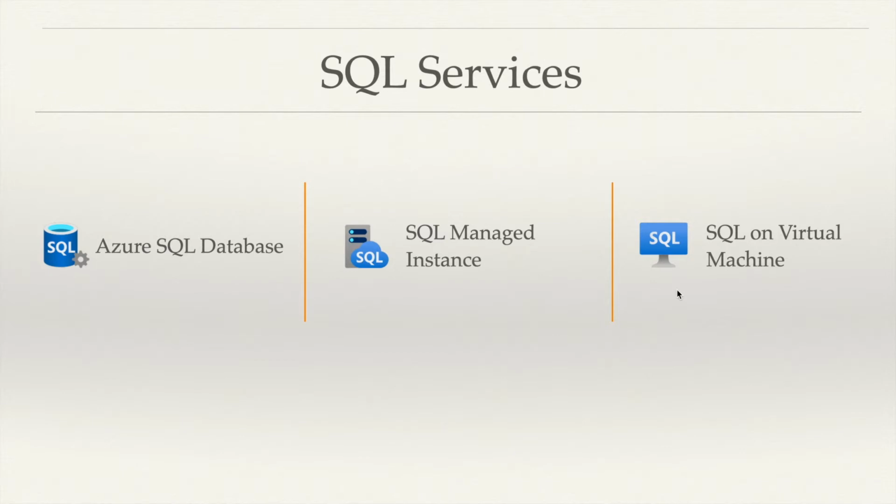Next and the last in the SQL as a service category, you have the SQL Server on a virtual machine. So what you do is you create a virtual machine which is a type of SQL Server, and while creating it you specify, on this machine I need the SQL Server of this particular version.